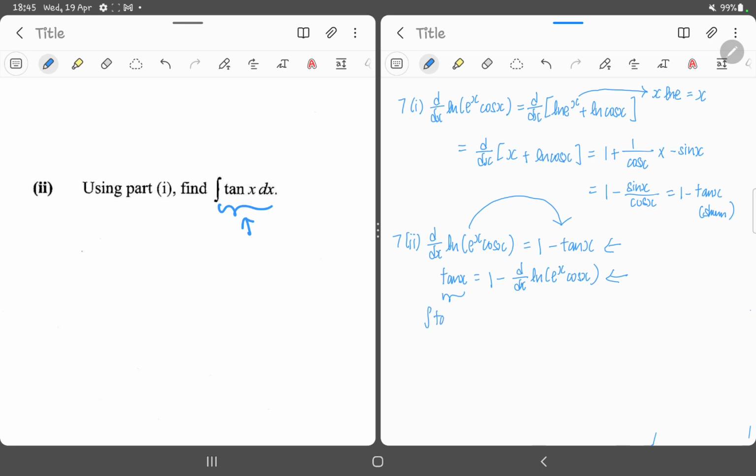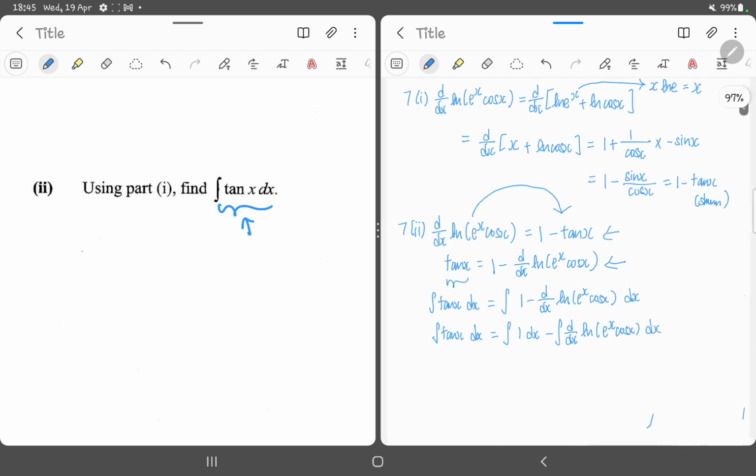The integral of tan x dx is the integral of 1 minus d/dx ln(e^x cos x) dx, which means the integral of tan x dx equals the integral of 1 dx minus the integral of d/dx (ln(e^x cos x)) dx.